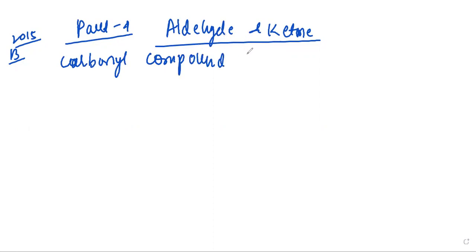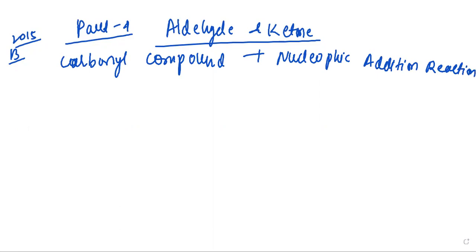It reacts by nucleophilic addition, so it does a nucleophilic addition reaction, and elimination of water is done. It removes the water. So you have to tell me which reagent is used. Reaction of a carbonyl compound with an ammonia derivative gives an addition product followed by an elimination reaction.